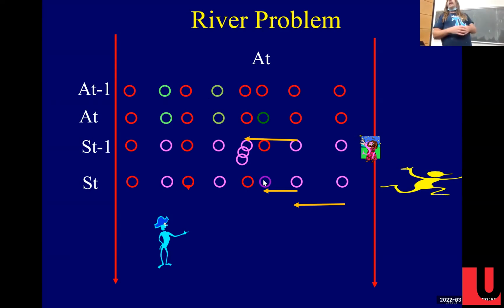And it needs to be at least as good as what the fairy godmother has, and good means the number of stones. So it's okay for the number of stones to go down, but it can't go up, right? Does that make sense? And so the prover has to come up with instructions on how to change S_{t-1} to be S_t.